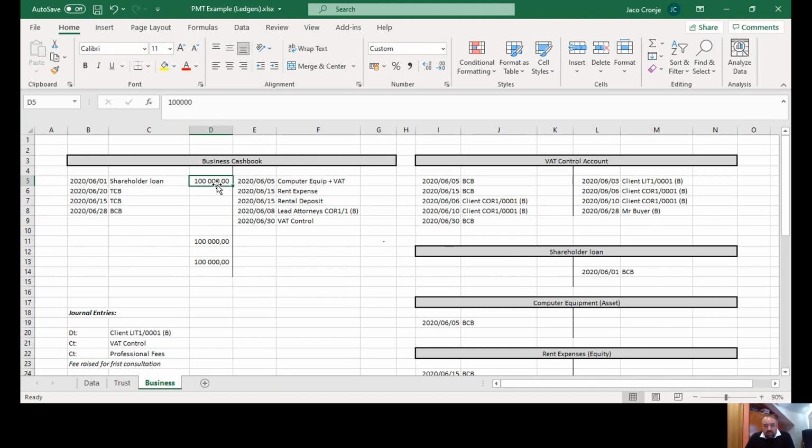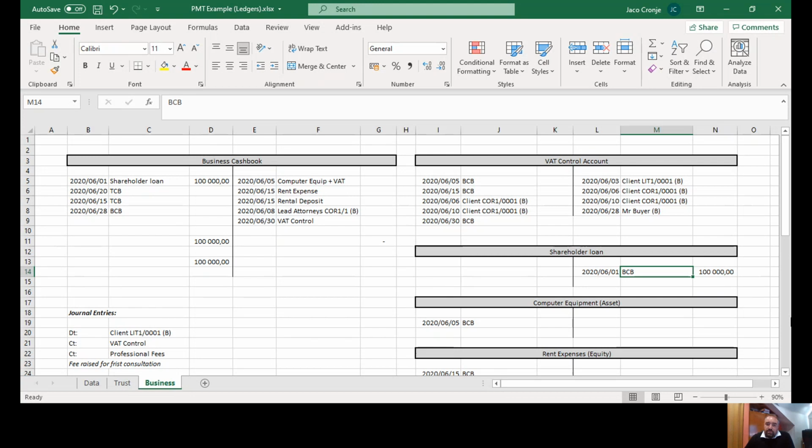One, there's money in my bank account, but two, I owe that money to the shareholder. So I need to create a liability for the shareholder to show that I owe him money. So I'm going to create a T account called shareholder loan, and on the credit side, I will enter 100,000 Rand to make sure that my transaction balances.